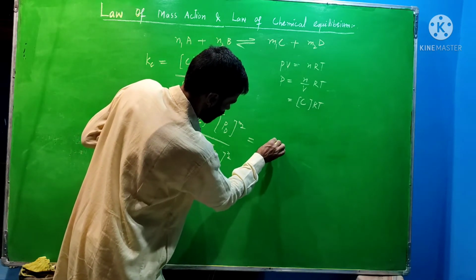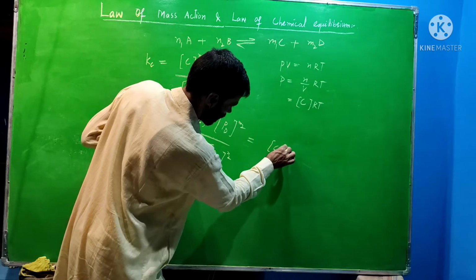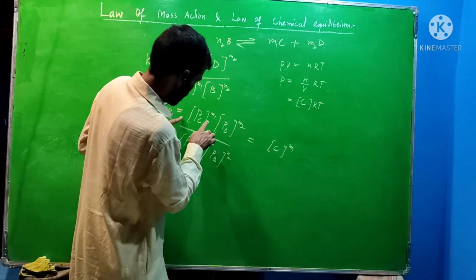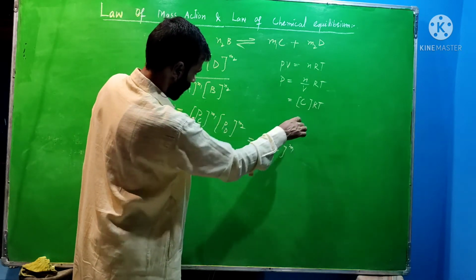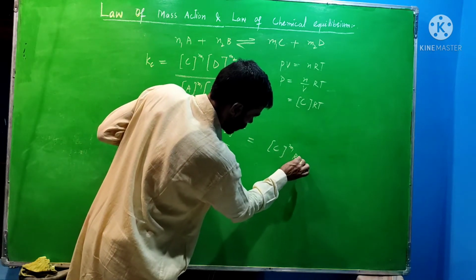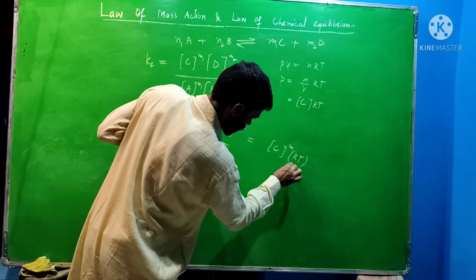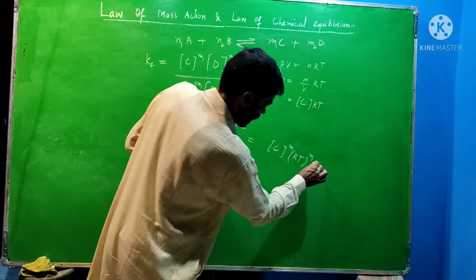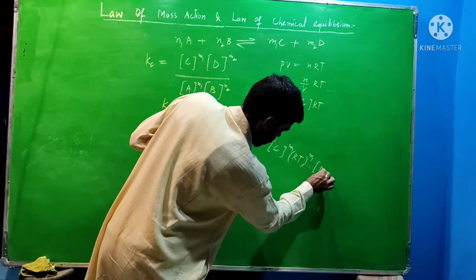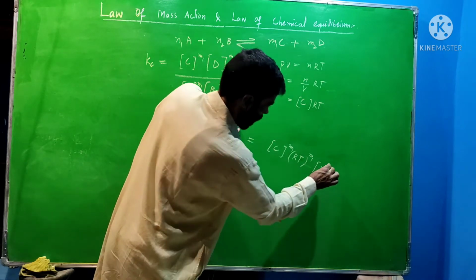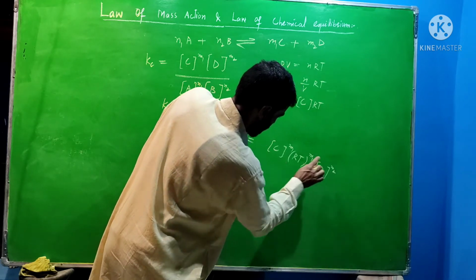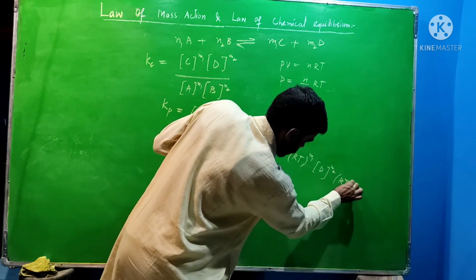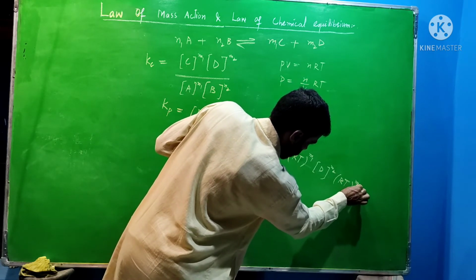Concentration of C raised to power m1, multiplied by RT, which is also raised to power m1. After that, we write D, the molar concentration of D, raised to power m2, multiplied by RT raised to power m2.